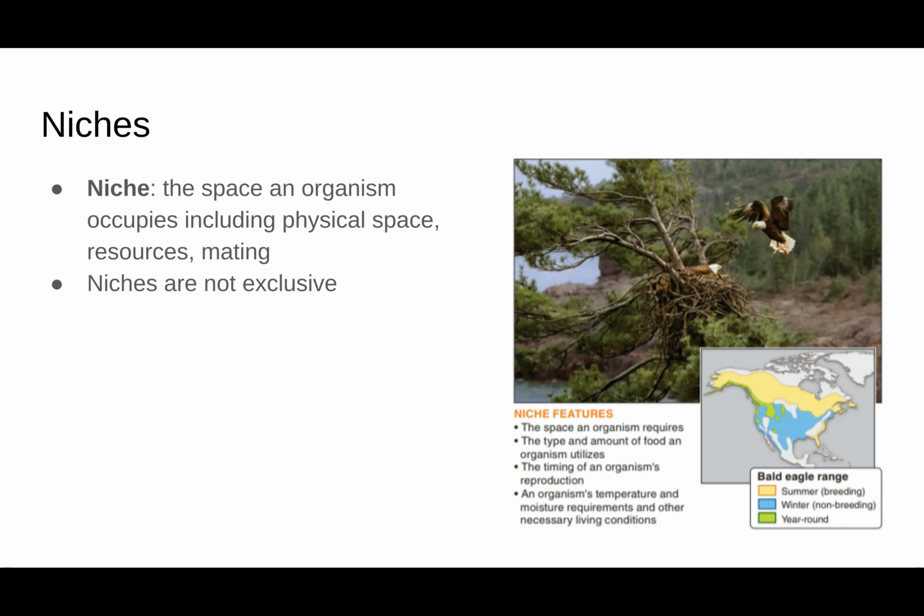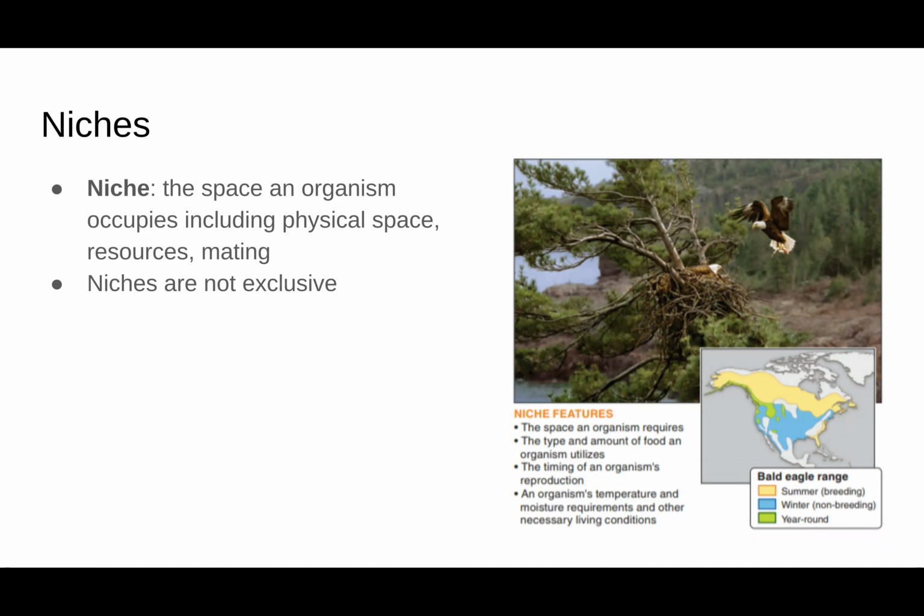And so if we think about the niche of an eagle, right? So we have a bald eagle here in our image. This bald eagle has its food that it eats, so the rodents and rabbits and things like that. That's its food. It has its space, right? It has a territory where it lives, so dozens and dozens of miles around it that's its own space.